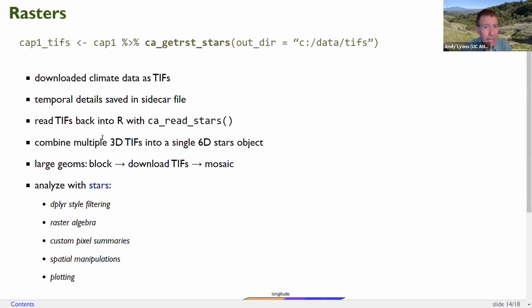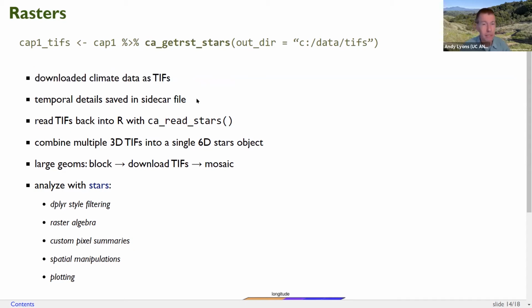If you do want to get rasters back, you feed your API request object into this function, get rasters _stars. What this is going to do is get those same data layers and download them as a bunch of TIFFs. You tell it where you want those TIFFs to go. Now, TIFF is not a great file format for this kind of data.